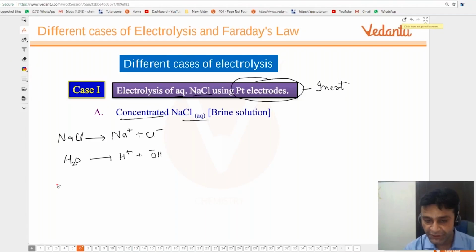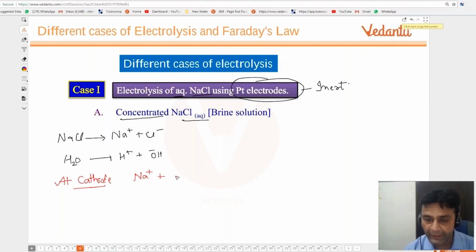When I pass current, at the cathode, what is the charge on the cathode? Respond here fast. Neha? Yes, negative charge. So on this negative charge electrode, the positive ions will be attracted.